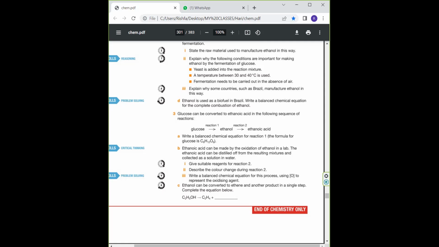No, it's not reversible because we should provide those conditions, okay? The conditions are different for both, no? Oh, yeah. So that can't be reversible. Do I need to put state symbols? For this, no.